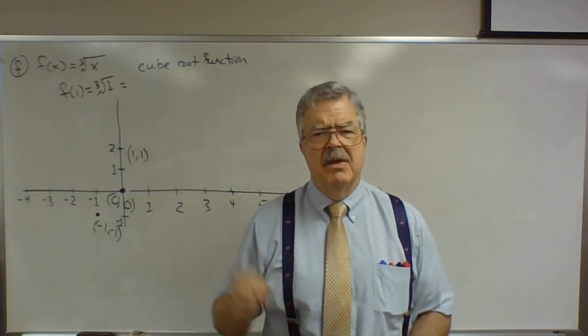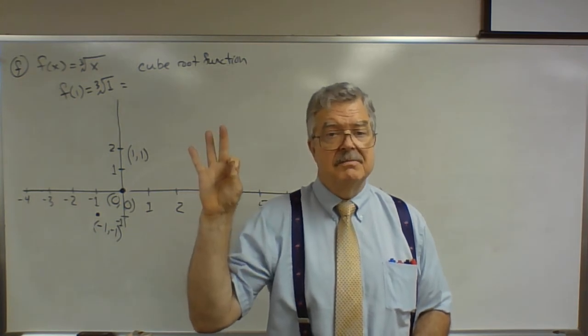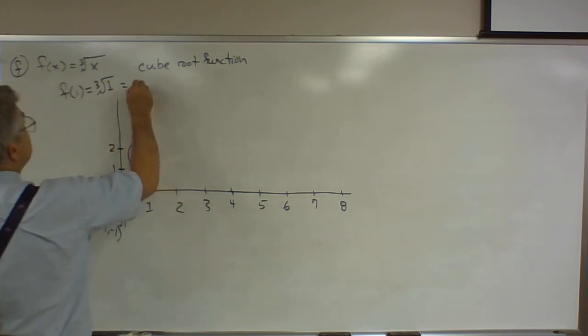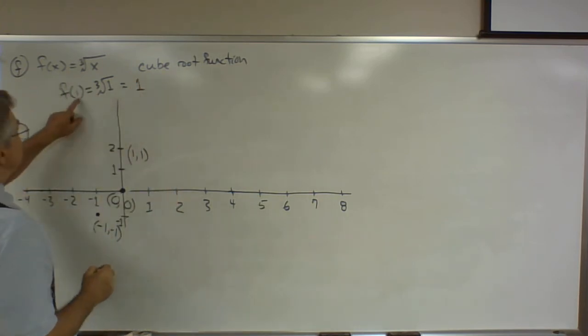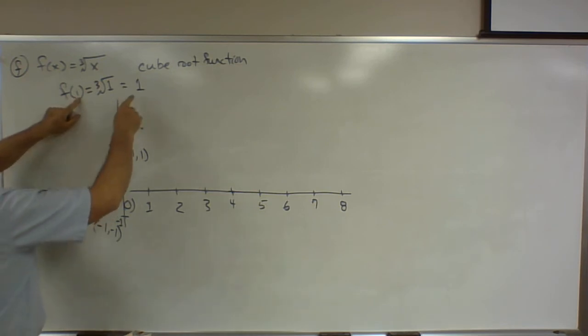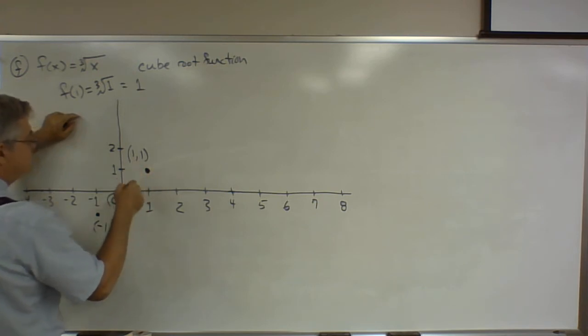It's 1, right? 1 times 1 is 1. Times 1 again is 1. Yeah. The cube root of 1 is 1. So when x equals 1, y equal f evaluated at 1 is also 1. So this point 1, 1 is on the graph.